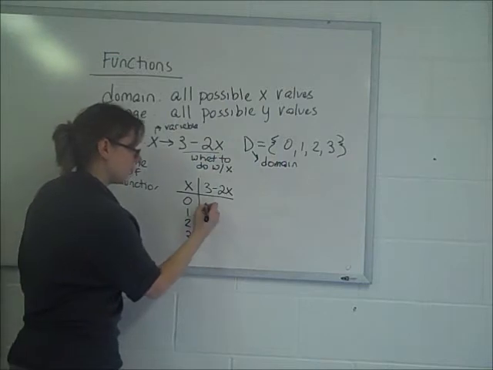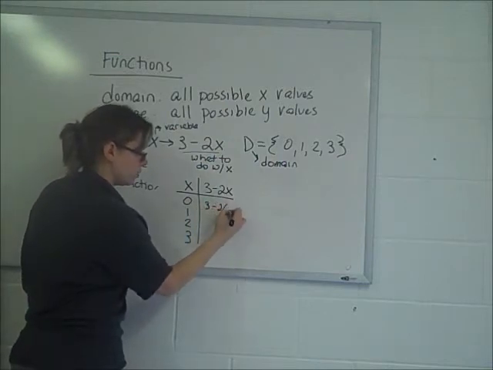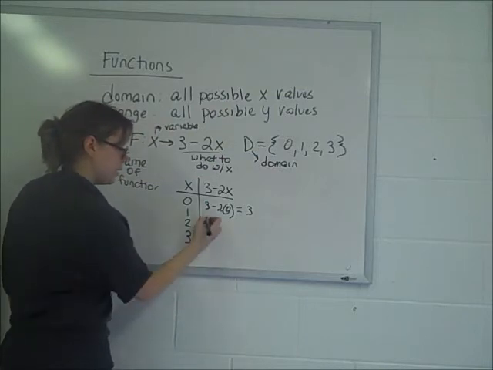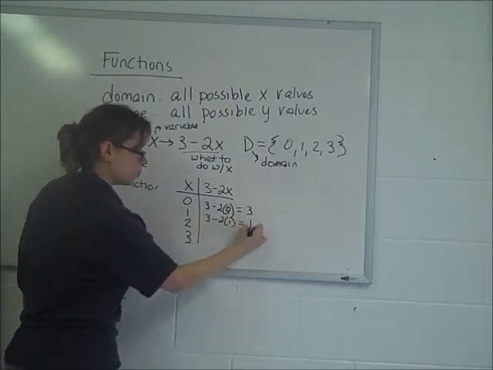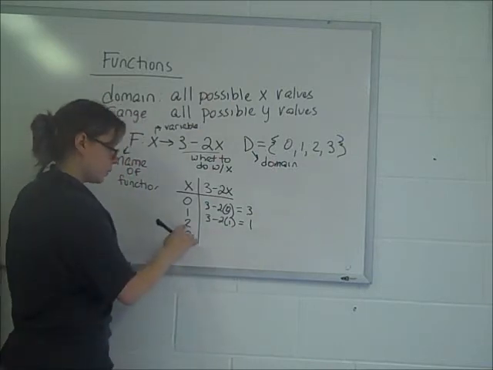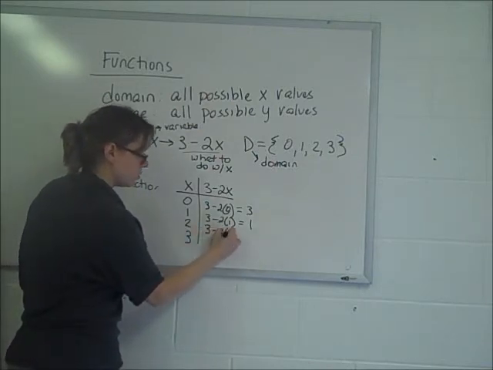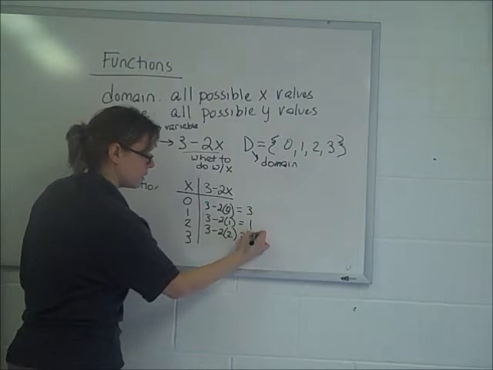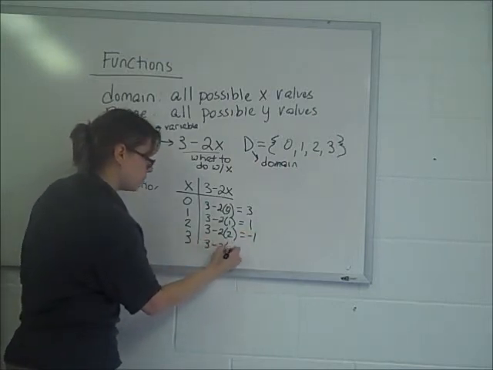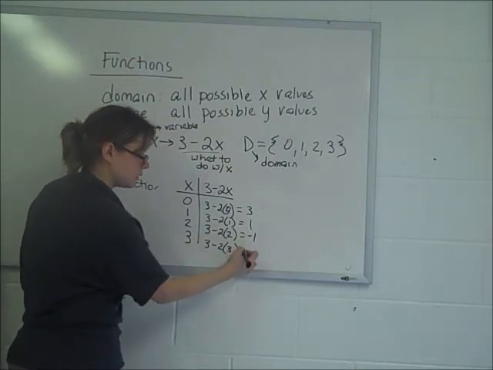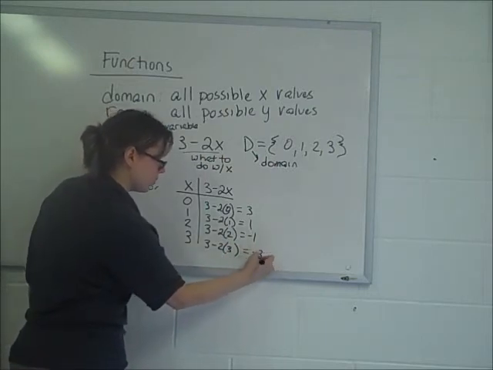So the first one, 3 minus 2 times 0 equals 3. 3 minus 2 times 1, that's 3 minus 2, equals 1. The next one's 2. 3 minus 2 times 2 equals negative 1. And then finally, 3 minus 2 times 3, that's 3 minus 6, is negative 3.